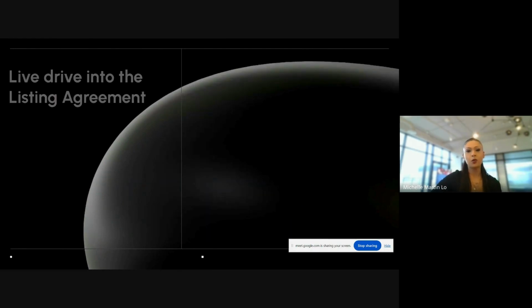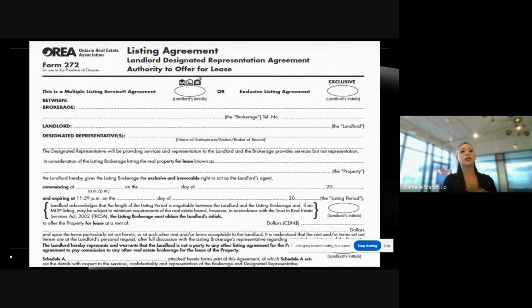All right, so let's go into the deeper things of the contract. The contract that I'm using is going to be Form 272, which is your listing offer for lease, not for sale, but for lease. There's a couple of things I wanted to find out here, making sure that you understand this part.